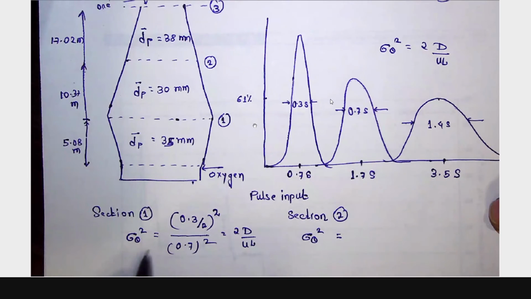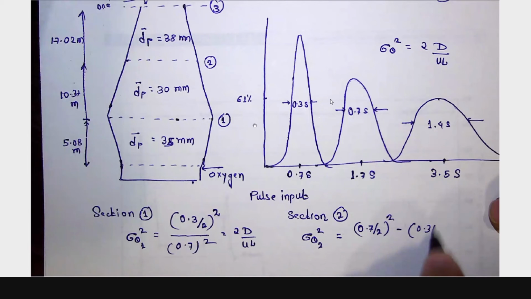If I write 1, if I write 2 here, this will be equal to what? 0.7 divided by 2 whole square minus 0.3 divided by 2 whole square.